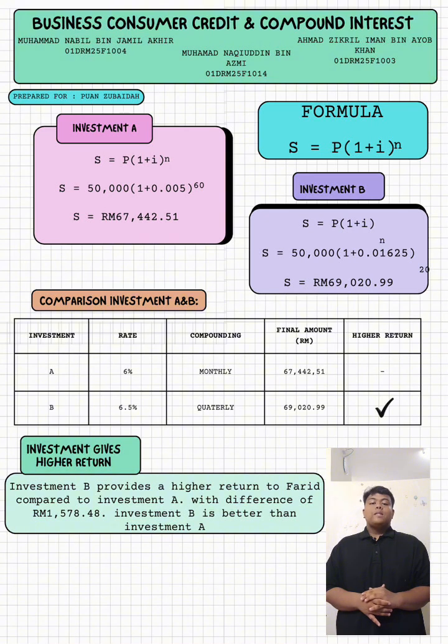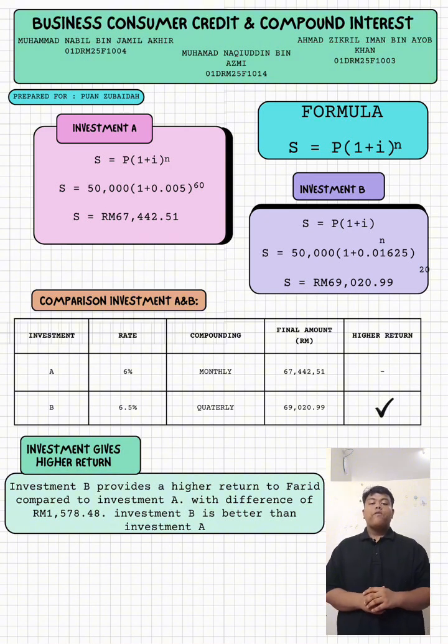Now I will explain the calculation for investment A. The annual interest rate is 6%, compounded monthly. First, we find i equals 6% divided by 12 months, which is 0.005 per month.